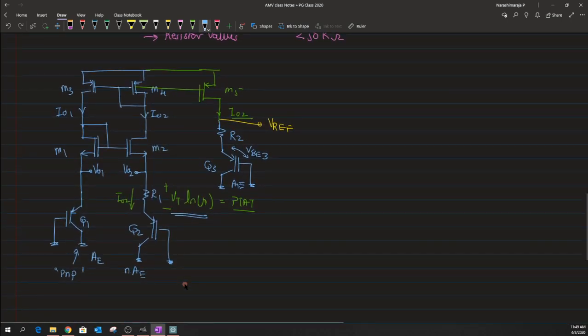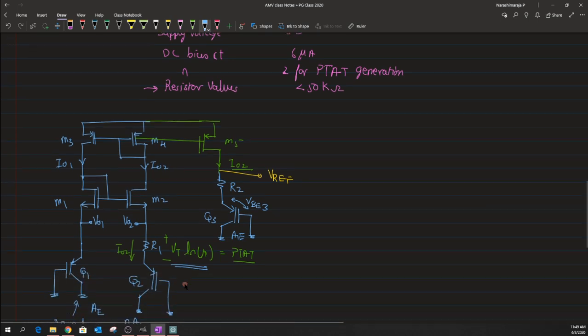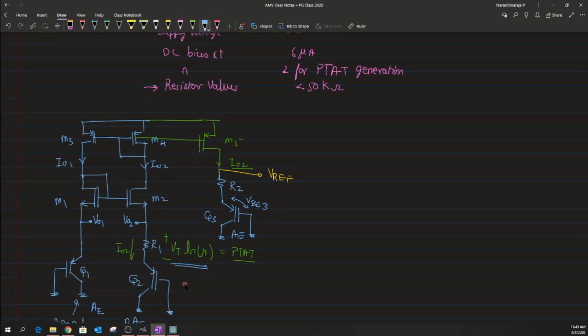Now that we are done with it, let us evaluate each of the resistor values, R1 and R2. Let us assume that the value of VBE is equal to 0.75 volt, and we first want to evaluate the resistor R1.